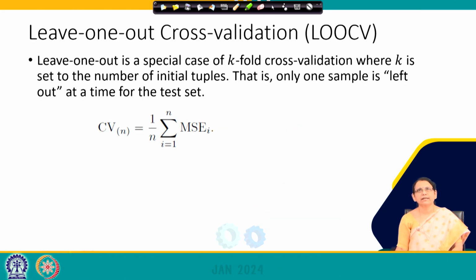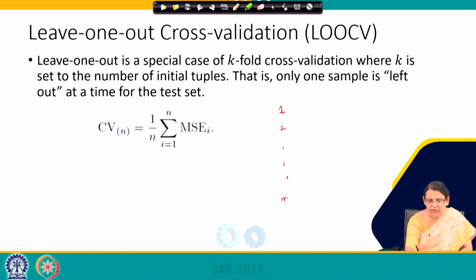Now, there is a special type of k-fold cross validation where the total number of data points is set as the value of k. Which means if we have a total of n data points, then each of them makes one partition. So, you have n data points, 1, 2 up to n.